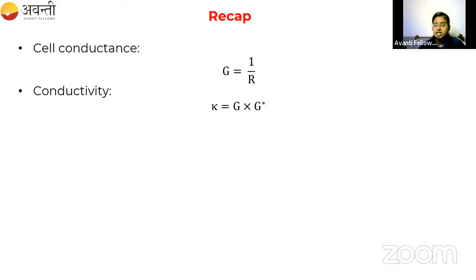We also studied the formula for resistance. What is the formula for resistance? Resistance R is equal to rho into L by A. Rho is resistivity, L is the length between the two electrodes, and A is the area of cross section.